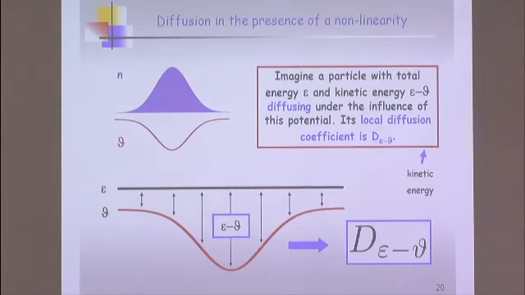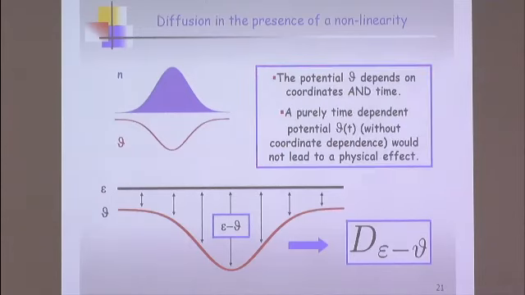So that is the big picture of what is going on. This wave packet just creates a potential and moves in the presence of disorder in the self-consistent potential created by itself.